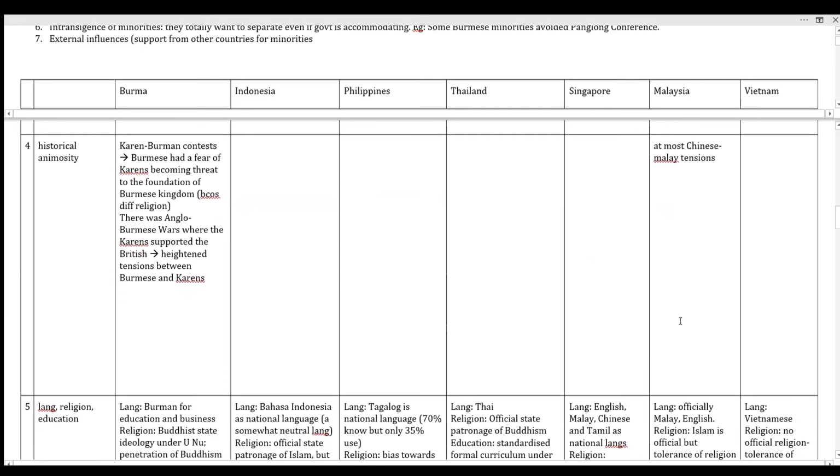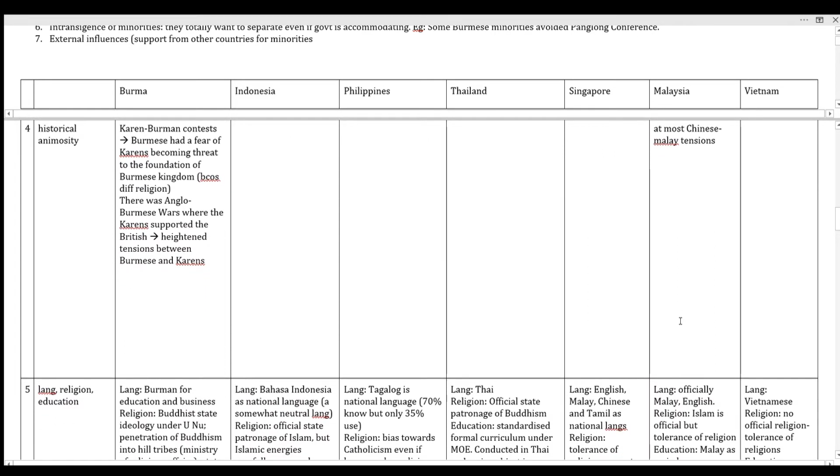So now let's look at historical animosity instead. You were talking about Burma earlier, with the hill tribes getting a bit more slack from the British. Because of that, the Karens, I don't know how to pronounce this, but the Karens, no, Karens just sounds like a boomer name. Is that the wrong way to pronounce it? Okay, never mind.